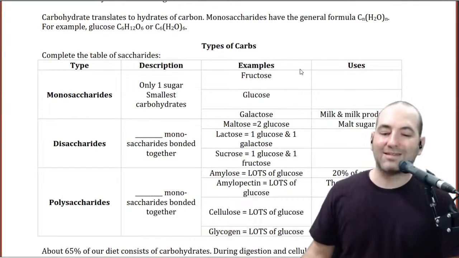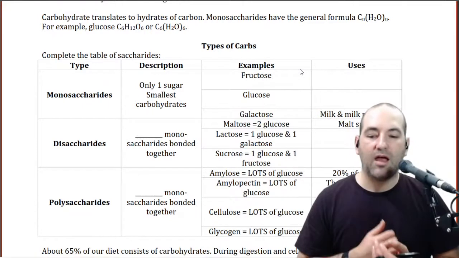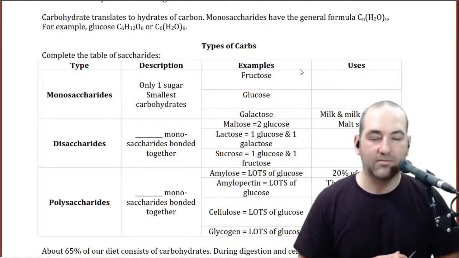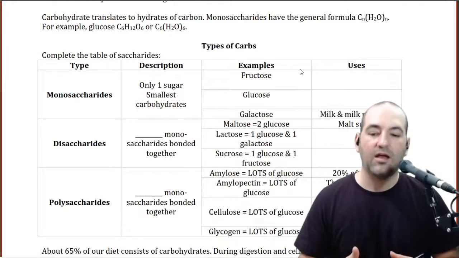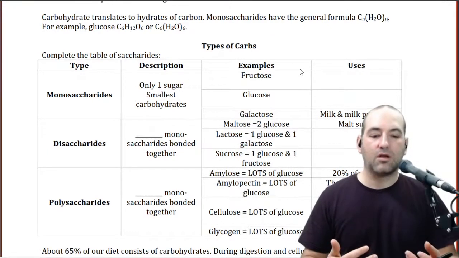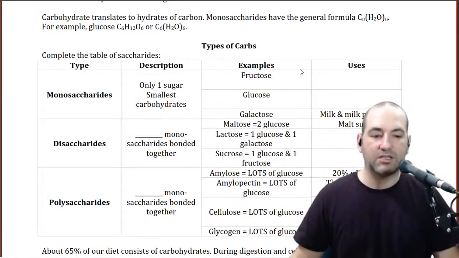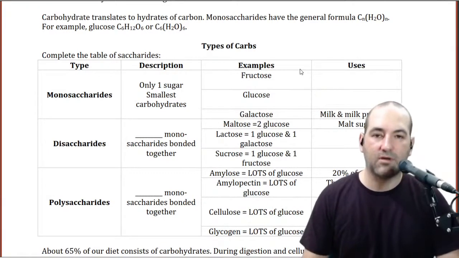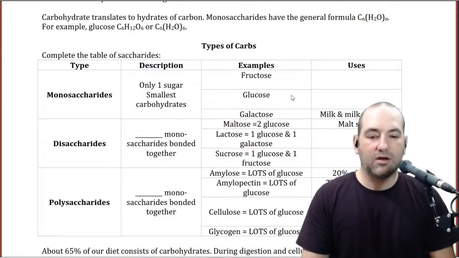Those monosaccharides can link up with others, and we'll talk about what that looks like, and form what we call disaccharides. So 2 sugar molecules linked together are a disaccharide, and then greater than 2 we call polysaccharides, where you start having these really, really big chains of monosaccharides. Some examples here are given.